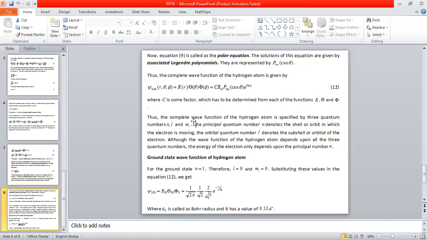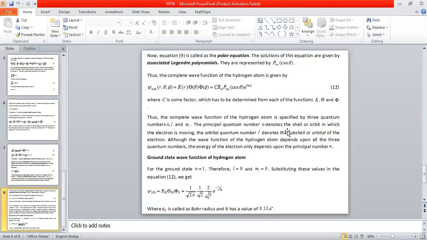So the complete wave function of the hydrogen atom is specified by three quantum numbers: principal quantum number N, orbital quantum number L, and magnetic orbital quantum number M. The principal quantum number N denotes the shell or orbit in which the electron is moving. For example, if the electron is in the N equal to 1 state, it is called the first shell or first orbit.